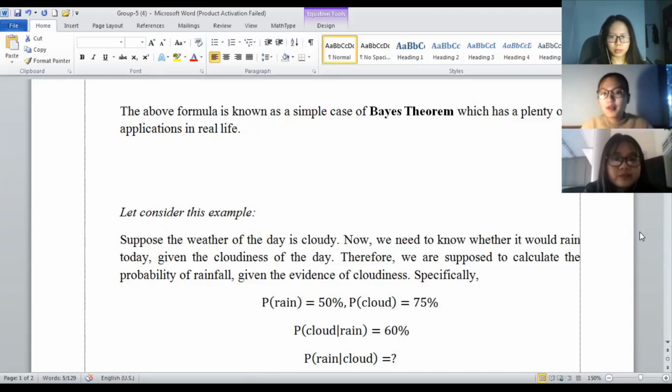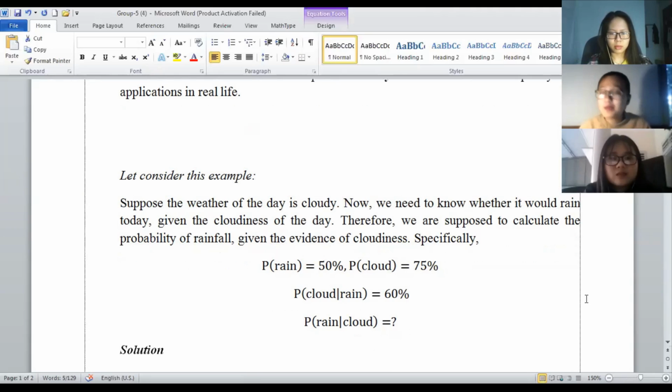The probability of rain is 50%, and the probability of cloud is 75%. And the probability of cloud given rain is 60%. It means if the weather is rainy, the probability of cloudiness is 60%.